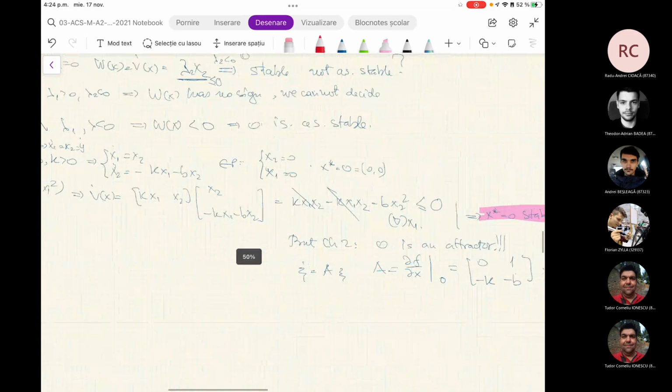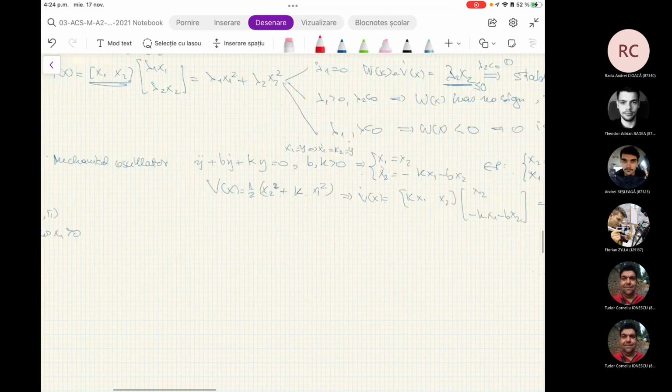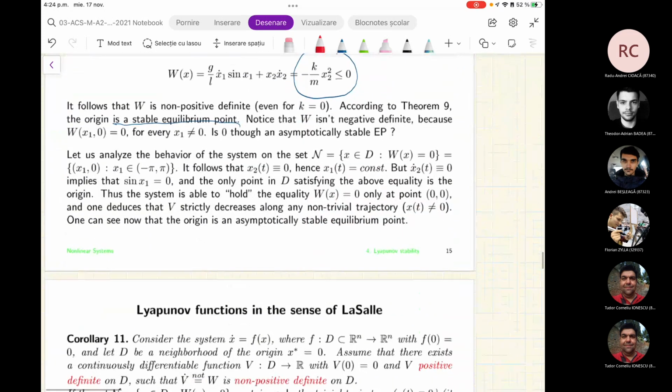So I showed you two types of very nice analysis, stability analysis. And the link between this is going to be the so-called principle of LaSalle. There's three scientists who found out something very interesting.